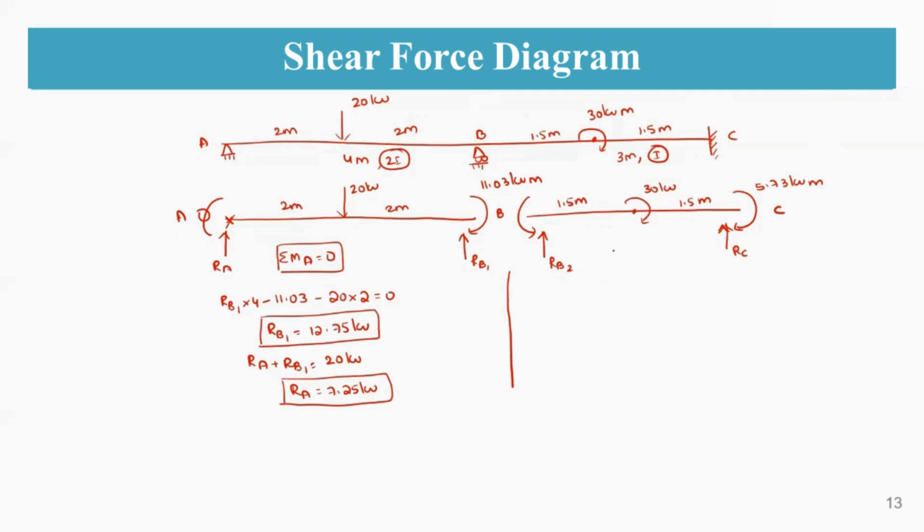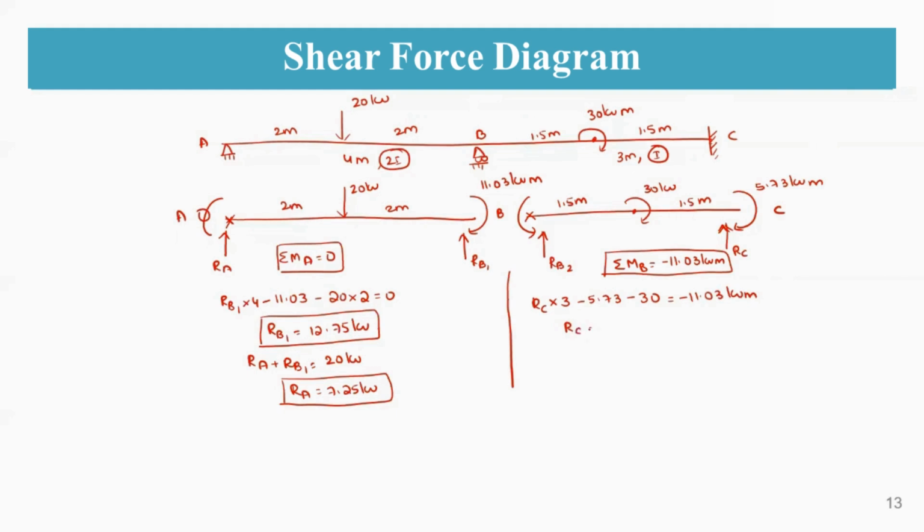In a similar way, when I take this BC span, moment about B will be equal to the hogging moment, so that is minus 11.03 kilonewton meter. Therefore, about the B point I'm considering, RC into 3 minus 5.73 minus 30 will be equal to minus 11.03 kilonewton meter.